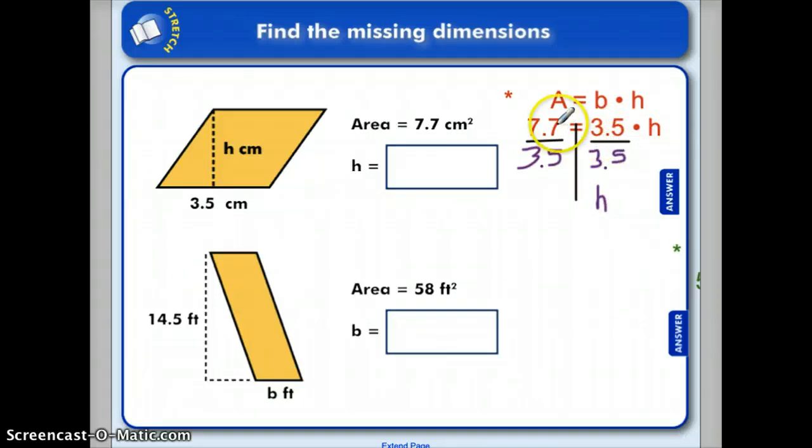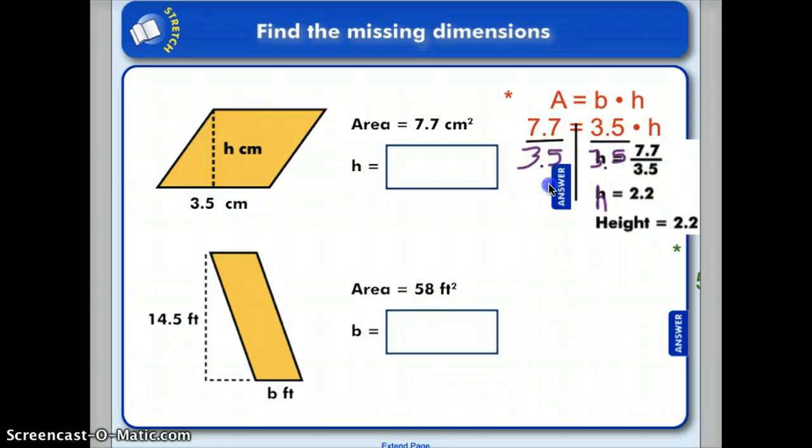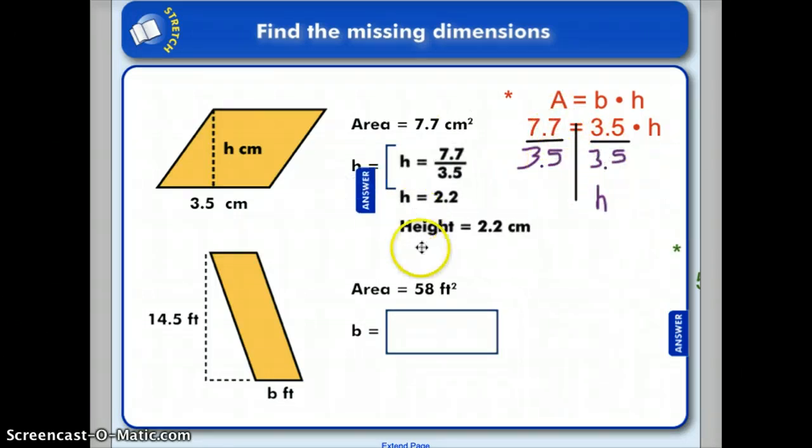And then on this side, you might want to grab your calculators, and 7.7 divided by 3.5. If you figure it all out, you should get that the height is 2.2 centimeters. Now what I always do, just like if you solve equations correctly, go back and double check. So do 2.2 times 3.5 and see what you get. It should be this right here, hopefully. If not, well, I did something wrong.